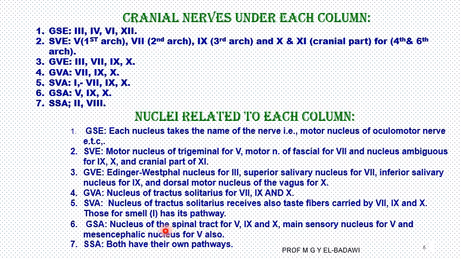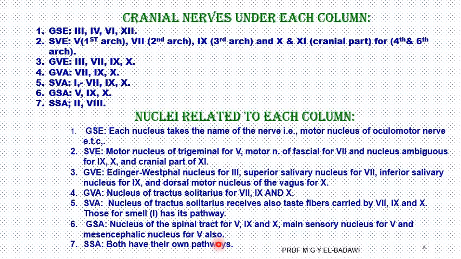These are the general somatic afferent fibers, while the special somatic afferent fibers for the vision and the hearing have their own pathways like the smell. So now we got the columns breakdown for the different nerves and the nuclei for the different columns, which you can correlate both of them together.